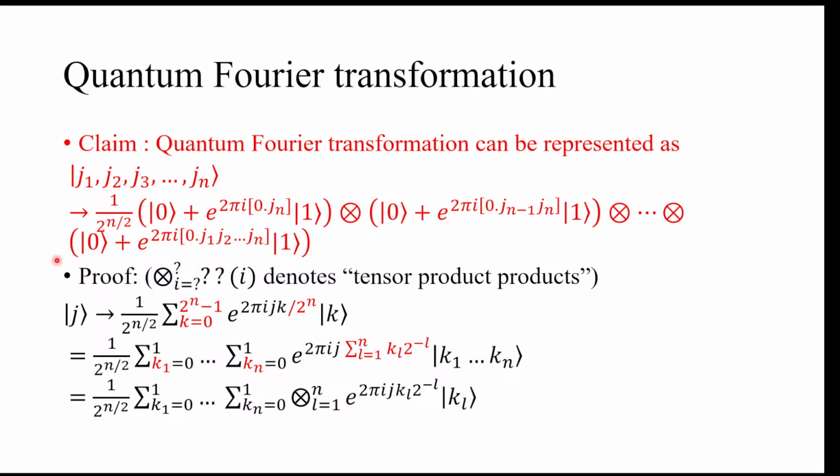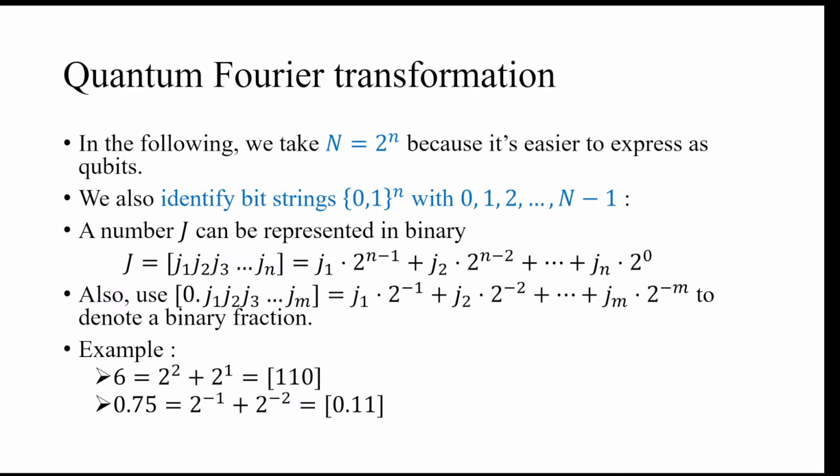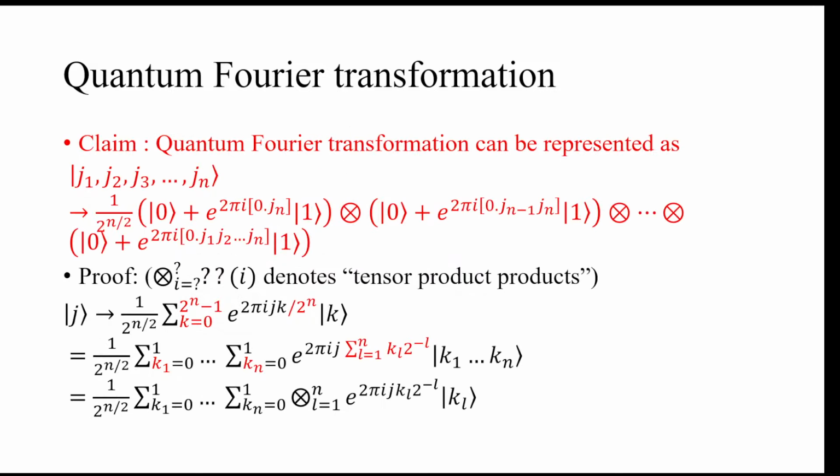And then it gets mapped to this tensor product state. We have an n-bit input, and it should also map to an n-bit output, because the input and output dimension is the same for this unitary transformation. They all have big N equal to 2 to the n.